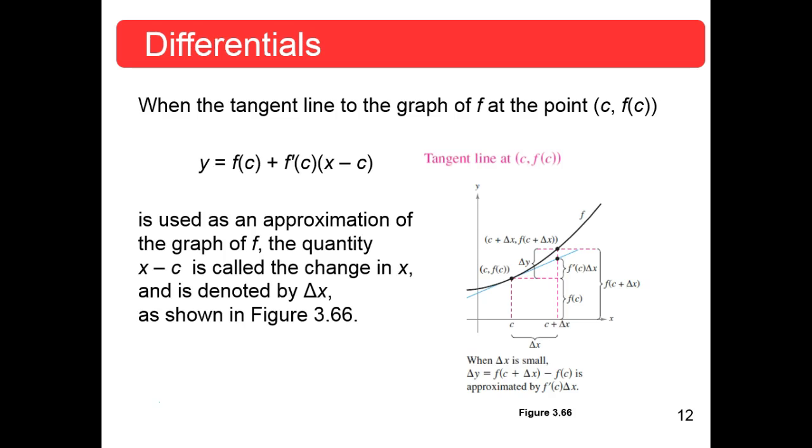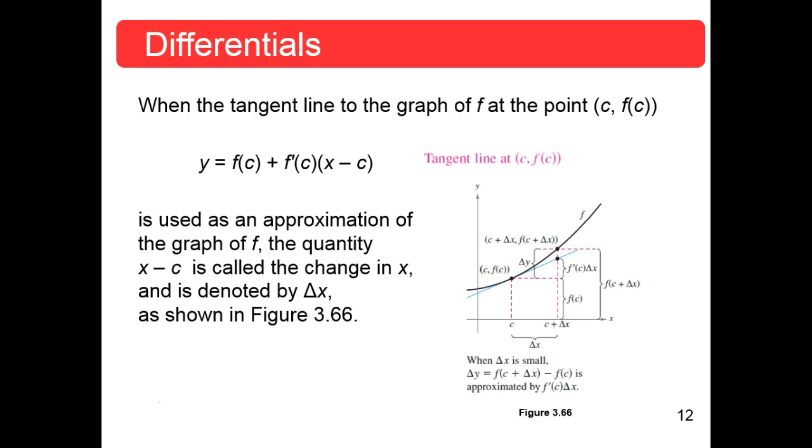Okay. Now, of course, f has to be a differentiable function at c. That's understood. So f prime of c is going to be the slope. Add the f of c to both sides, and you get this. Okay. This tangent line is used as an approximation of the graph of f.